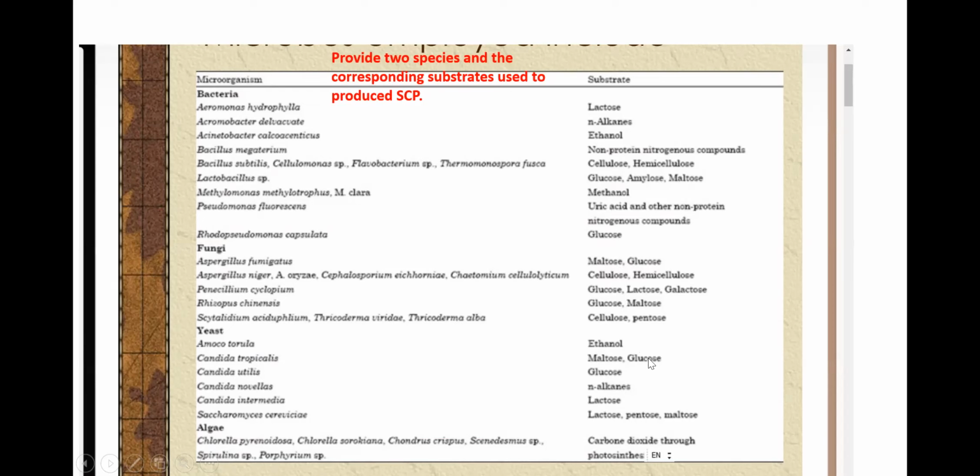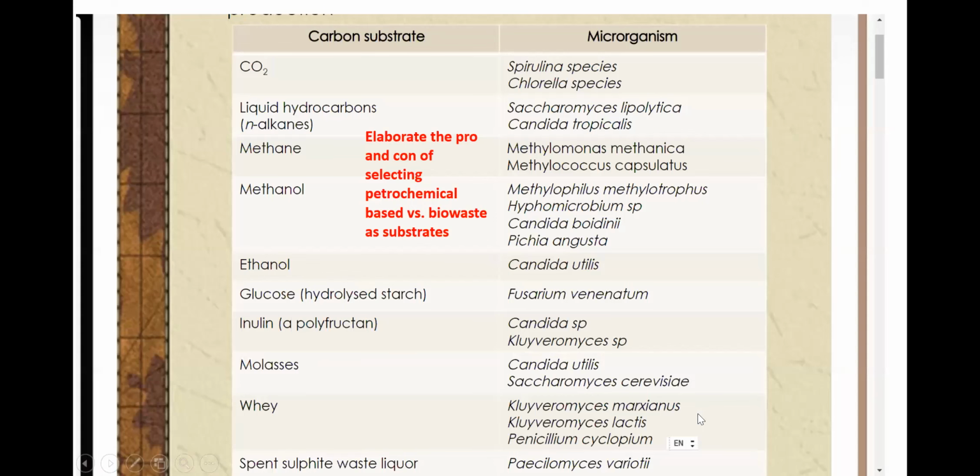Of course, you may not be able to remember everything, but you just try to pick, for example, for yeast, the substrate can be lactose, pentose, and maltose. Further on, as I mentioned just now, hydrocarbon, CO2, methane, methanol, ethanol, glucose, inulin, molasses, waste.